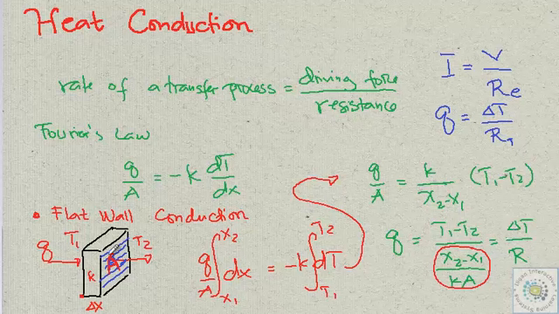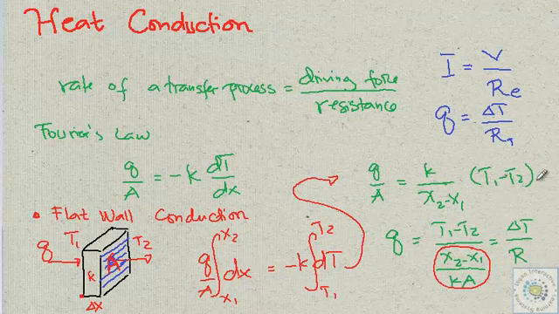This is what drives the flow. And thinking of conduction as this, Q is equal to delta T over R, will more or less simplify our solution to most problems, because this equation will prove to be very useful in our solution.